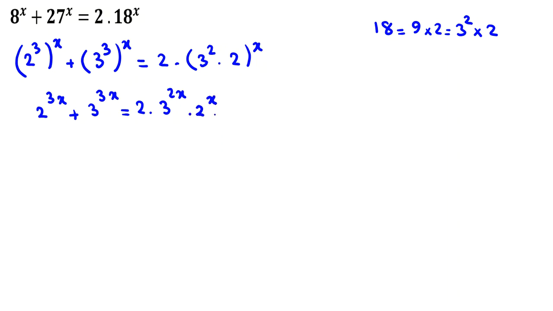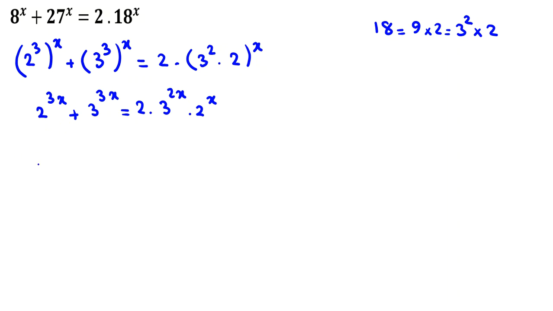Now we want to see what we see in both sides. We want to divide. So here we have 3 to the power of 2x, 2 to the power of x, and these things. Now here I want to get, for example, rid of this term if I divide both sides.